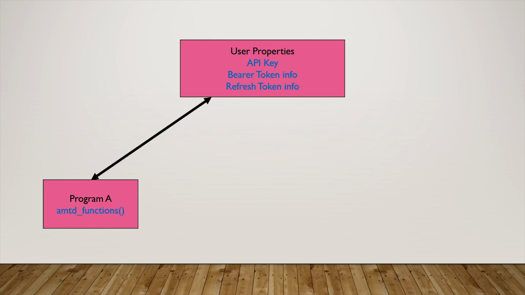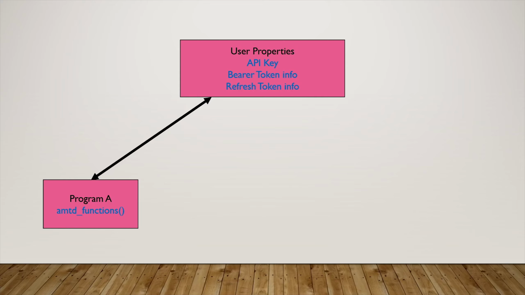Now, to recap where we left off, we had created the API program within program A under AMTD functions, and this accessed something that's provided by Google Scripts called user properties, and that's where we kept information like the API key, the bearer token information, as well as the refresh token.